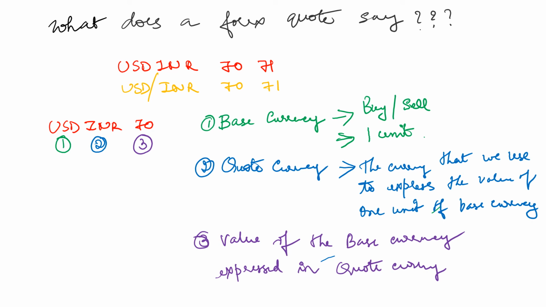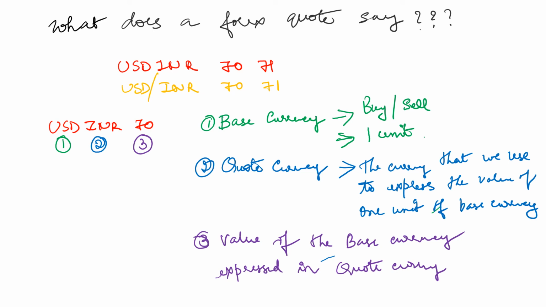Let us go back to the quotation here. We have a quotation USD INR 70. USD is the base currency, INR is the quote currency, and the number 70 indicates 70 INRs. So when we read this quotation, 1 USD equals 70 INRs.